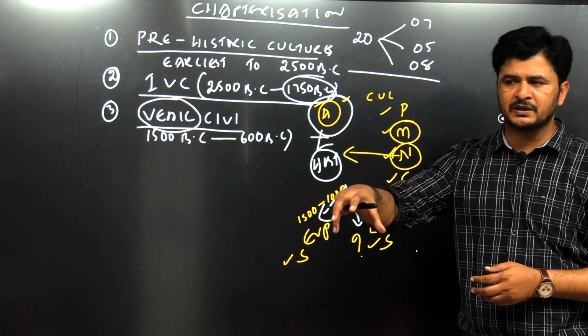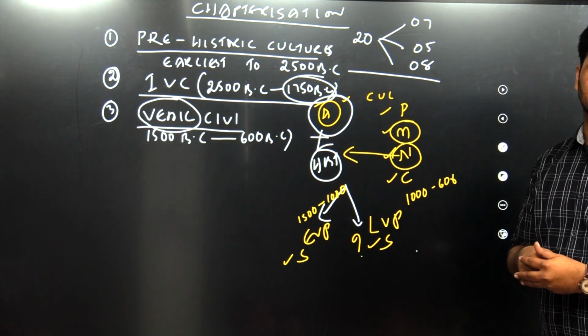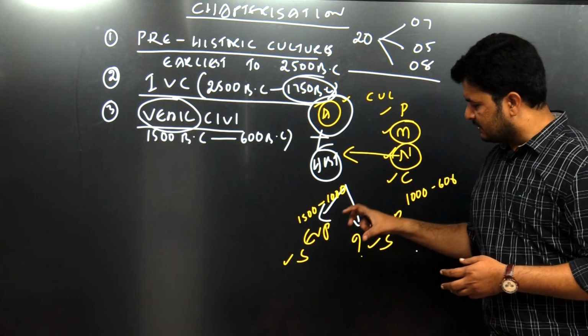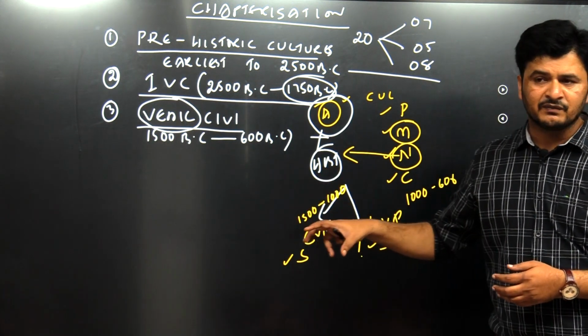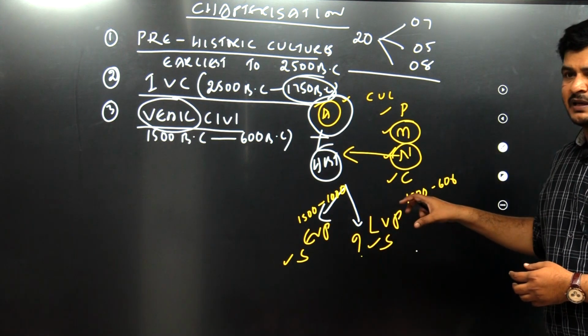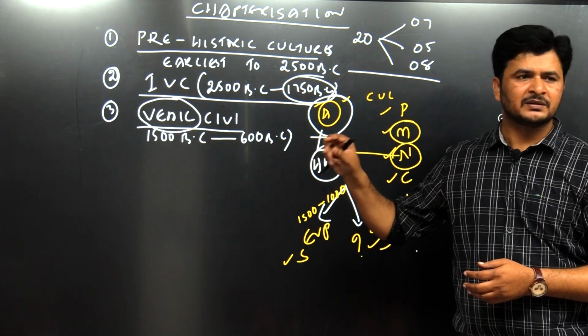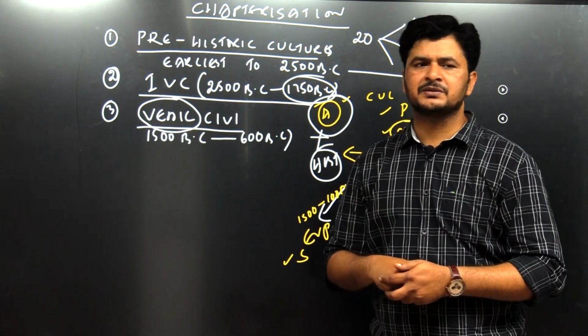Society of early Vedic period followed by society of later Vedic period. Obviously, we found a lot of changes. In early Vedic society, we found a class-based society. When it comes to later Vedic period, a caste-based society. We are going to spend a lot of time on the differences between class-based and caste-based.